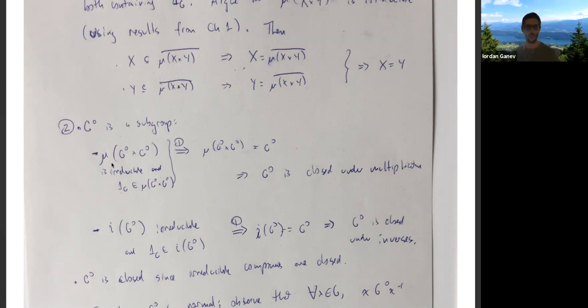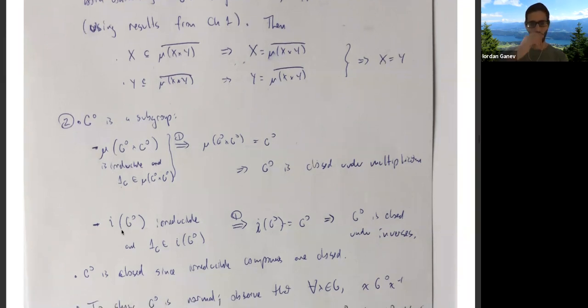If we look at the image of G-circ cross G-circ, that image must be irreducible because G-circ itself was irreducible, and one is contained in the image because one is contained in G-circ. By part one, we see that it's everything, that it's all of G-circ. Okay, so that shows that it's closed under multiplication.